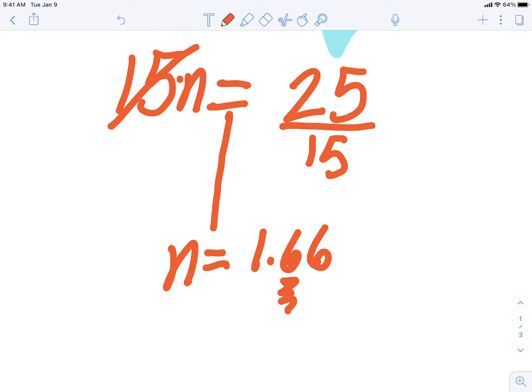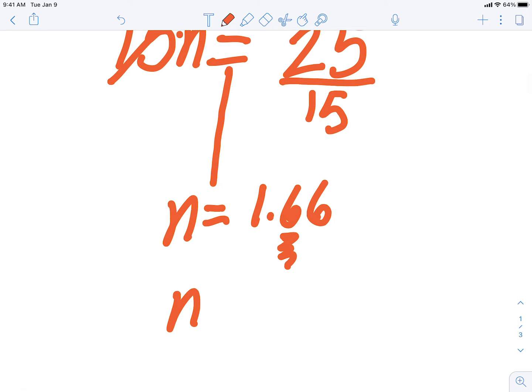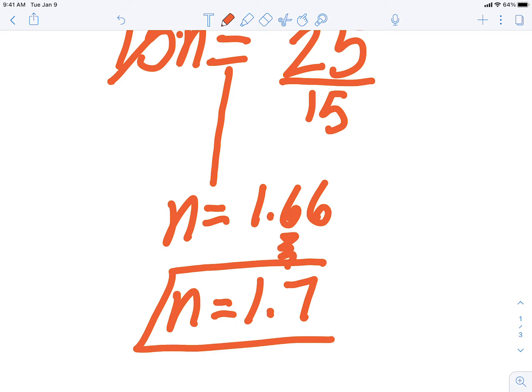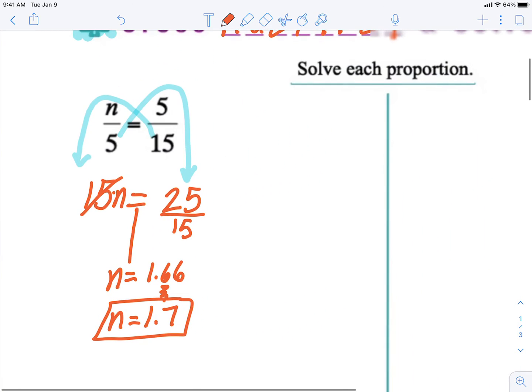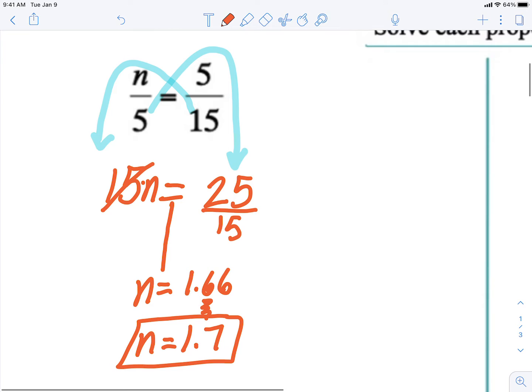Since this 6 is bigger than 5, it tells this 6 to go up, so n is equal to 1.7. That is our solution. We have solved the proportion, just like that. Simple, simple, simple.